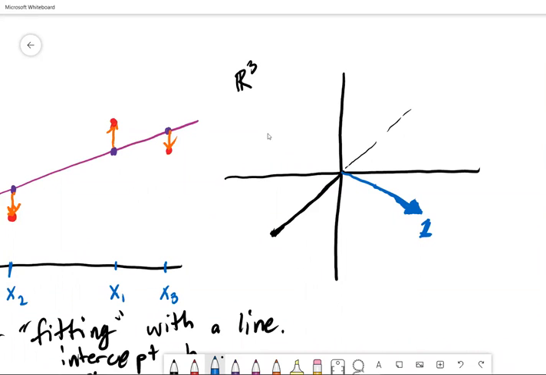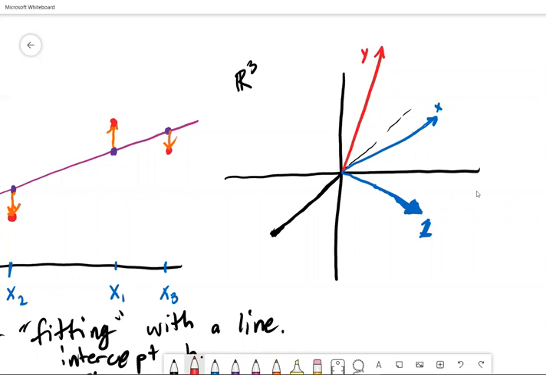What else do we have? We also have an x vector. I'm just going to make him point in some arbitrary direction, basically. He's kind of pointing away from the screen, let's say. And we have a y vector, y1, y2, y3. Let's just stick him kind of like that. There's our y vector.